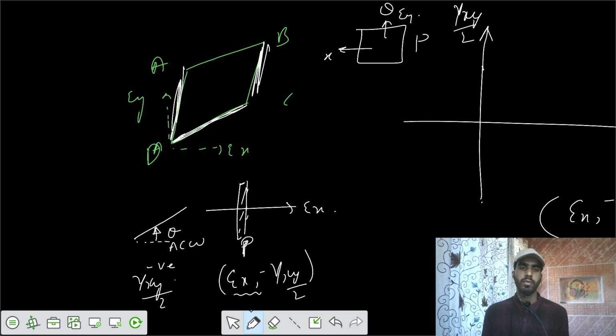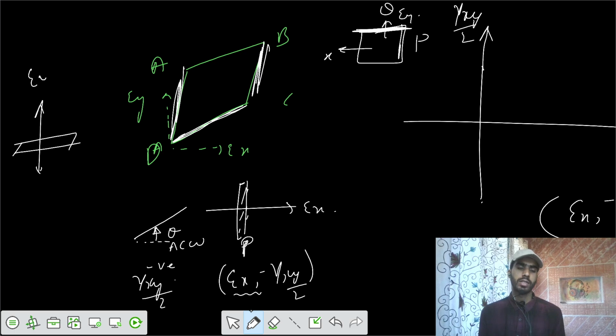Let's talk about plane Q. Along plane Q, your strain is along this direction, and perpendicular to that I would say this is strain Y. If we talk about this one, it's making an angle of theta, anti-clockwise.